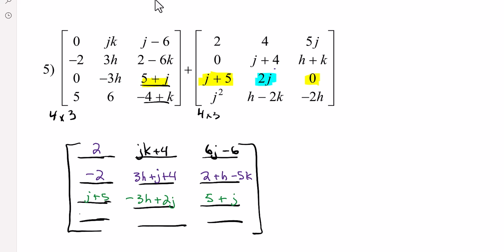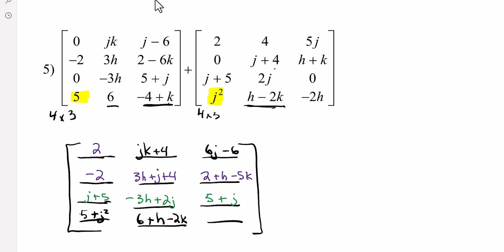Now I'm going to erase this shading. I'm going to go down below. So for our fourth row, 5 plus J squared is just 5 plus J squared. And then 6 plus that expression, since there are no numbers by themselves, each of those have letters, and they're not the same: 6 plus H subtract 2K.